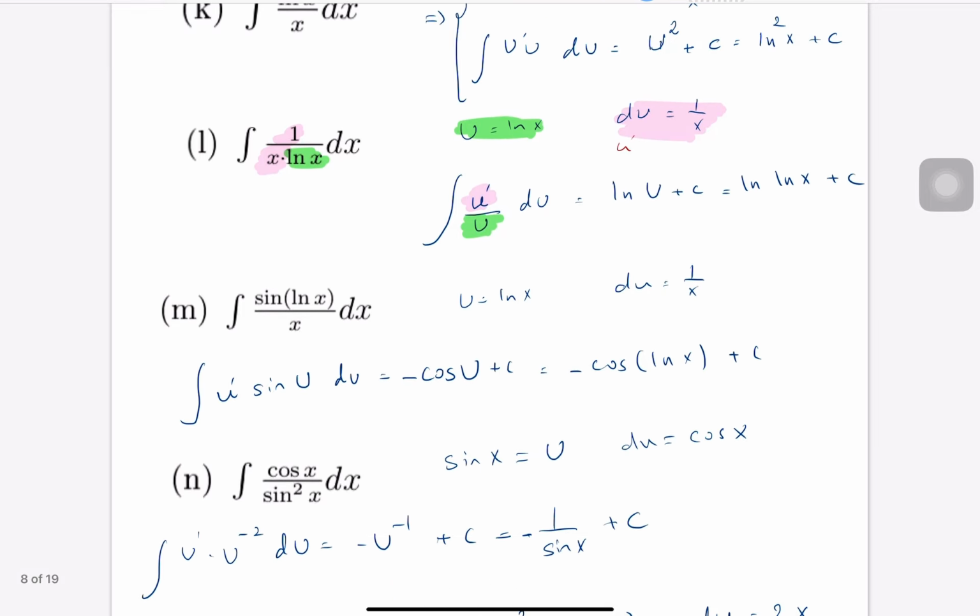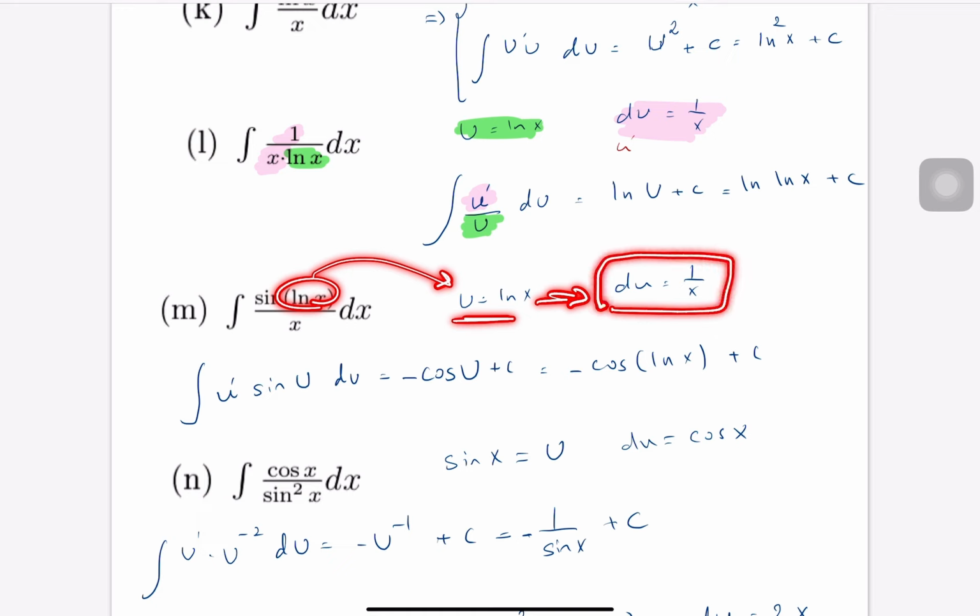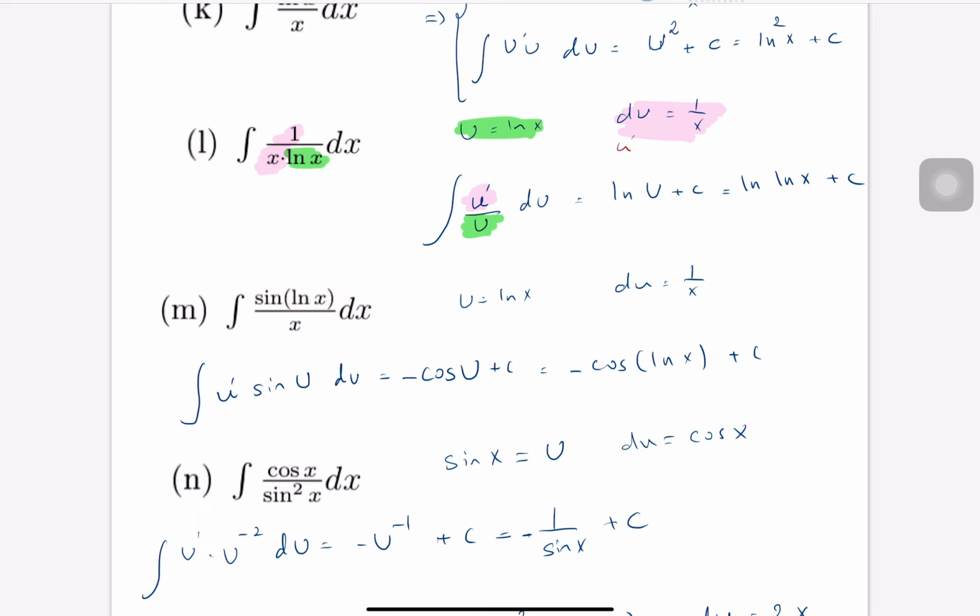Okay, integral of sinus ln x per x. I put ln x as a u. The derivative will be 1 per x. Now I can say 1 per x is the derivative, then it is u prime.